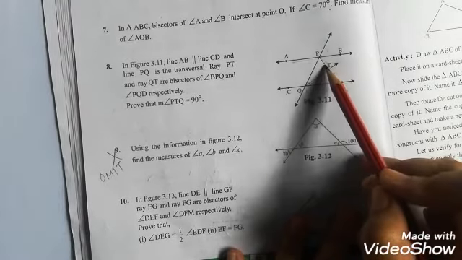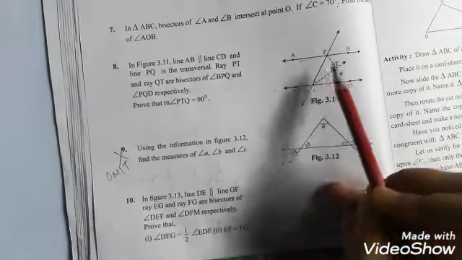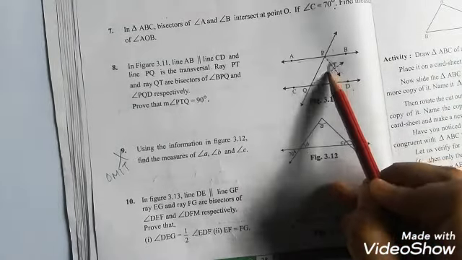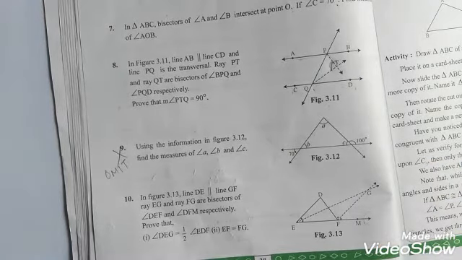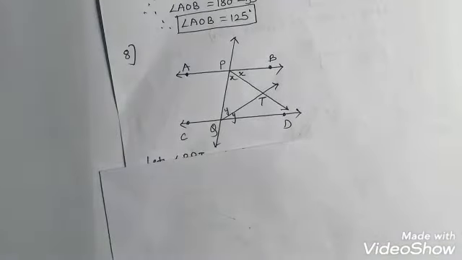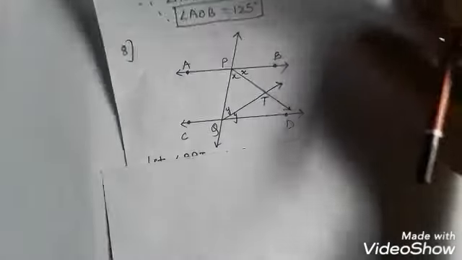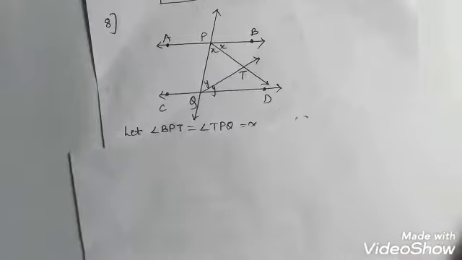Then find the measure of angle PTQ. You have to prove that PTQ is 90. Now let us see the solution part. This sum is also similar to the 7th sum which we have done, so we'll just see.